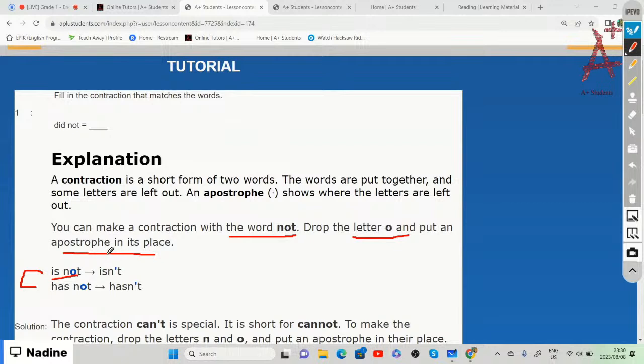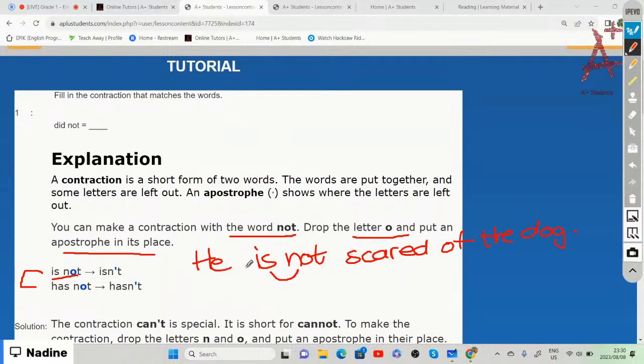And now the word becomes isn't. It's like saying, he is not scared of the dog. So we need to put these two words together, and then remember we need to drop the O and put an apostrophe over there.